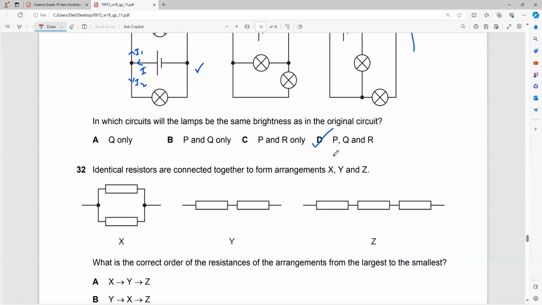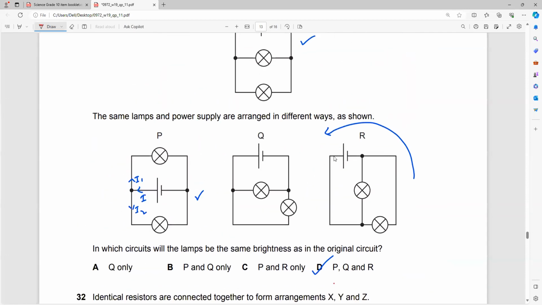All are the same lamps, all connected in parallel connection. Everywhere you can see the junction, which means everything is parallel current. Whatever the current is coming, I always say mark it.